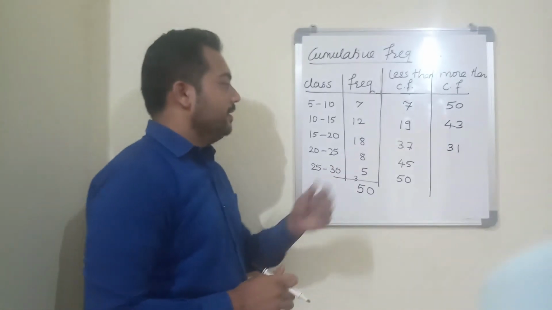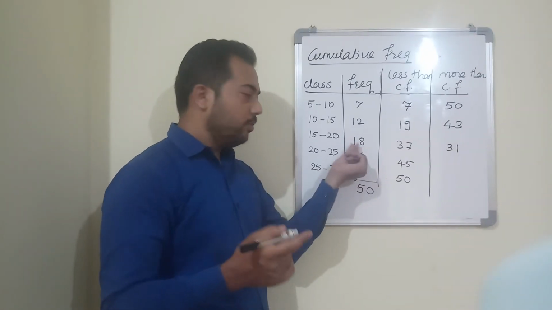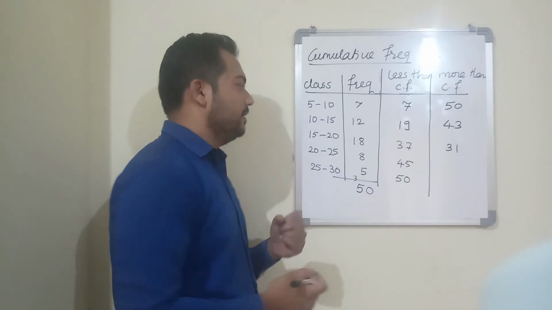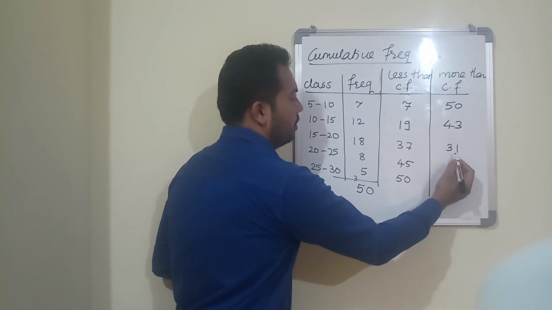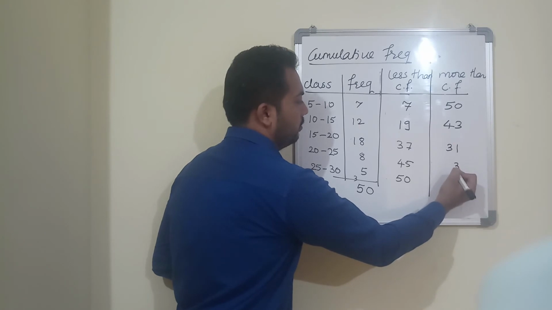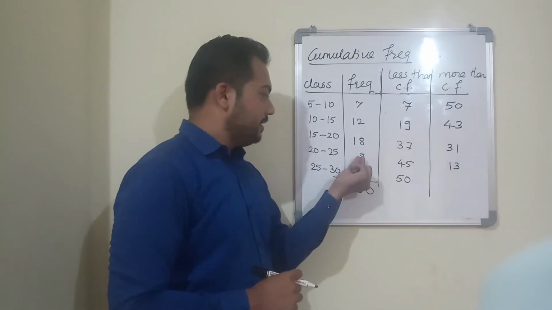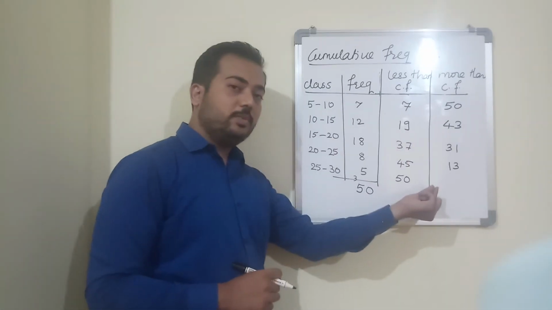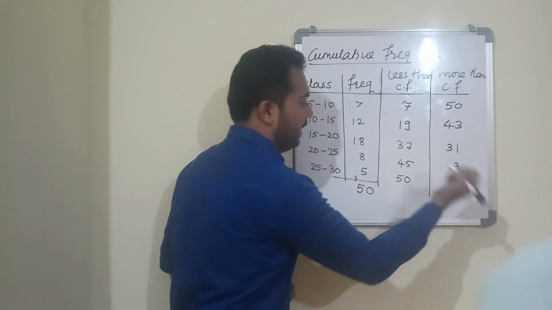Okay, then the next thing, 31 minus 18 will give you the more than cumulative frequency for the next class. So 31 minus 18, 13. Okay, and then 13 minus 8 will give you the more than cumulative frequency for the next class. So 13 minus 8 is 5.